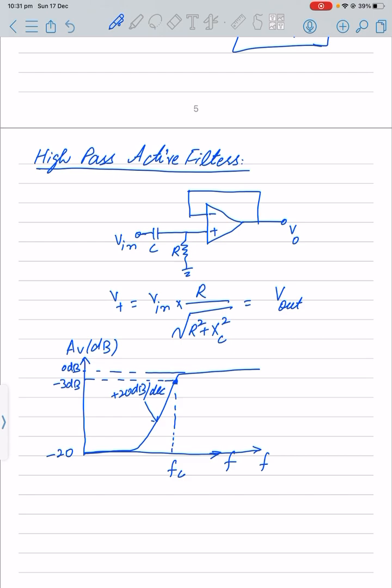So that was the frequency response for our high pass filter.